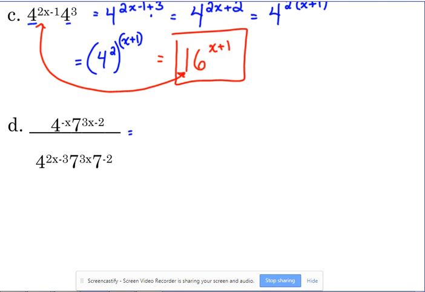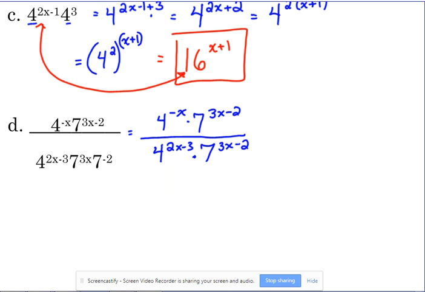Let's start by combining those powers of 7 in the bottom. And what happens when we do that? Yeah, we can cancel because there's multiplication in the numerator, there's multiplication in the denominator, so we can cancel those 7s right there.